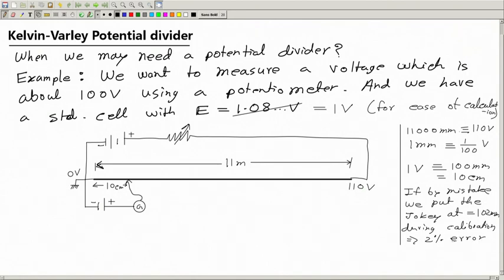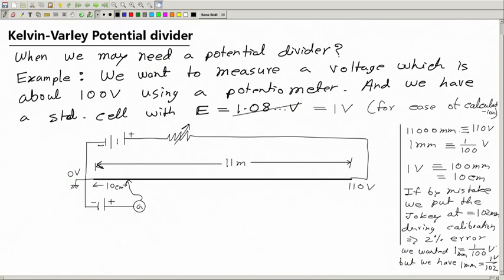Okay. So, why 2%? Basically, we wanted 100 millimeter equal to 1 volt, but we have, let me write it this way, we wanted 1 millimeter equal to 1 by 100 volt, and we actually have 1 millimeter equal to 1 over 102 volt.